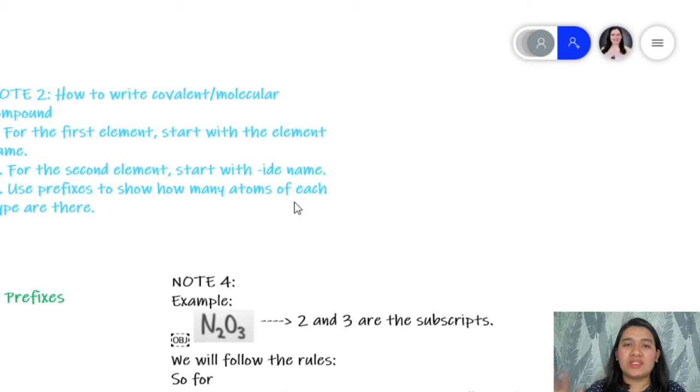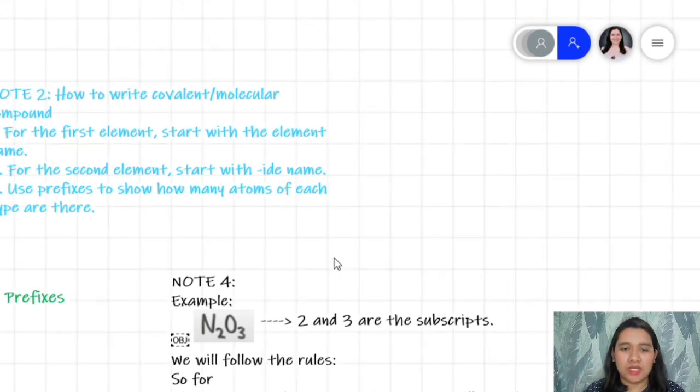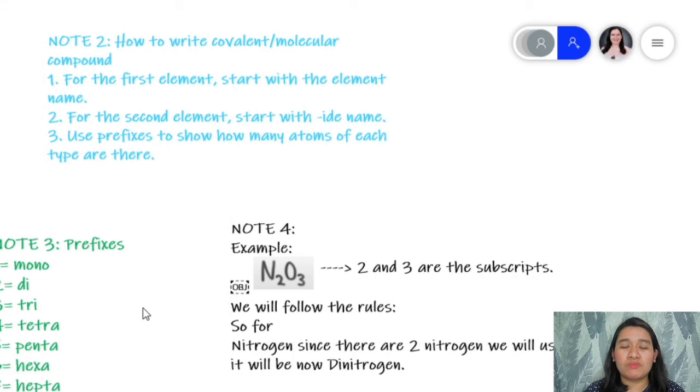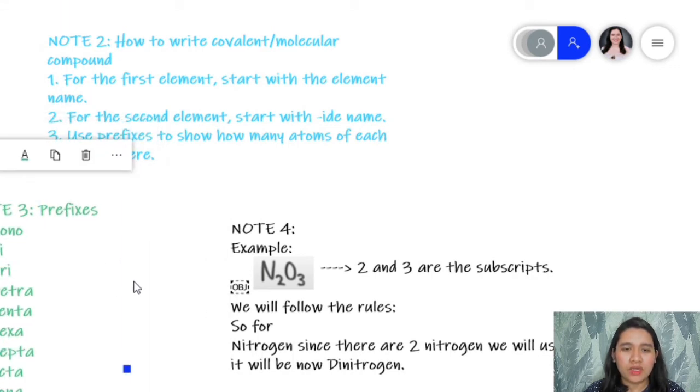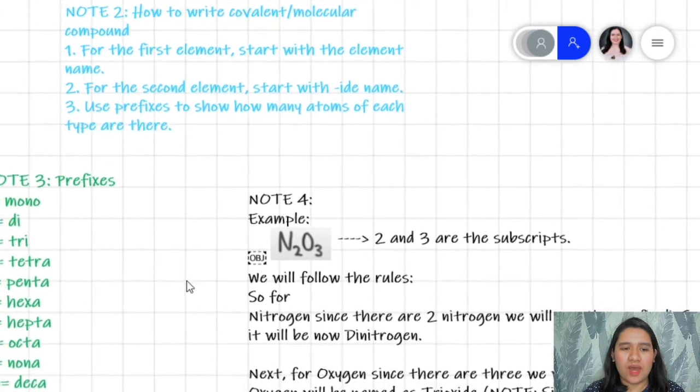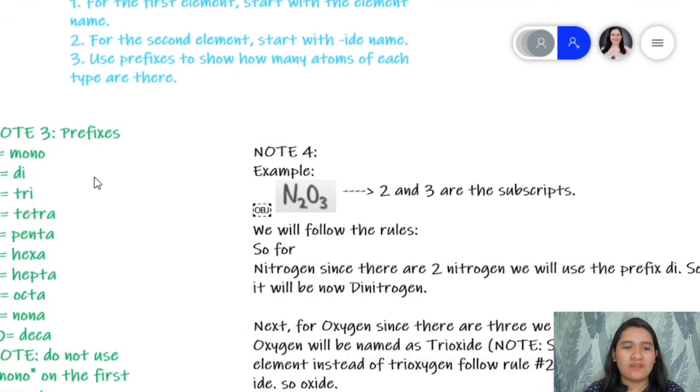Prefixes are the words that are written before the element. So what are those prefixes? We have the numbers 1 to 10.